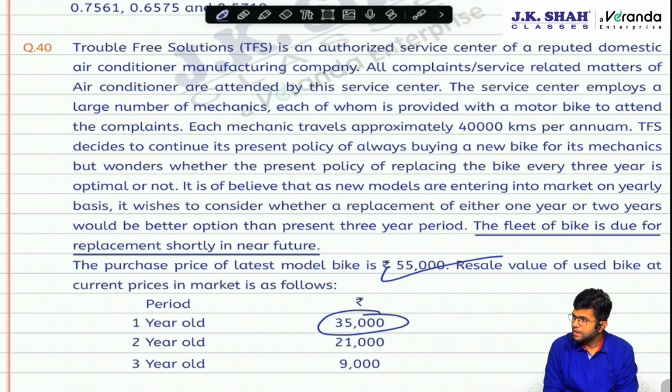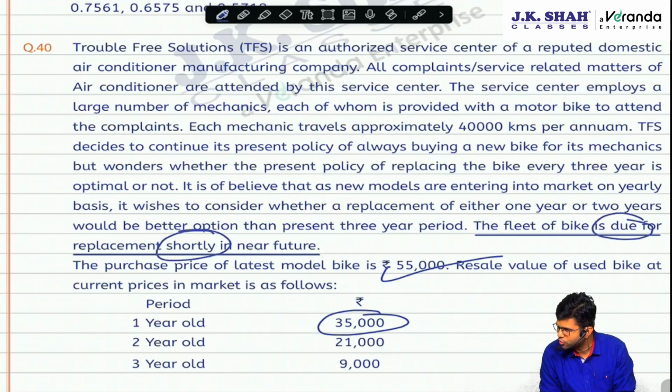First, it is this same fleet which we are thinking, should we replace in 1 year? Should we replace in 2 years? No, they say it is due for replacement shortly in near future. Now near future could be 1 year, 2 years, 3 years. Are you all able to understand? Or the other interpretation could be, this existing fleet we are replacing only.